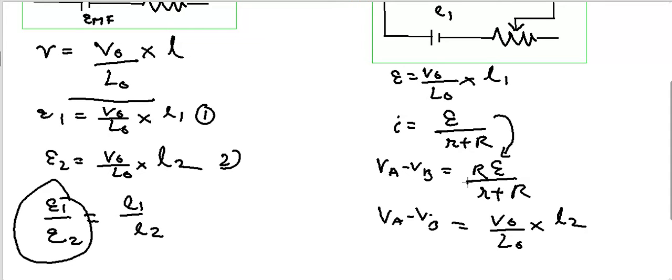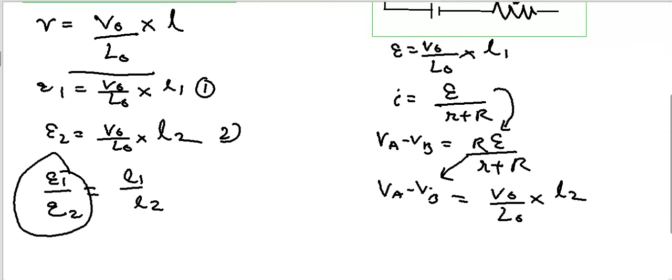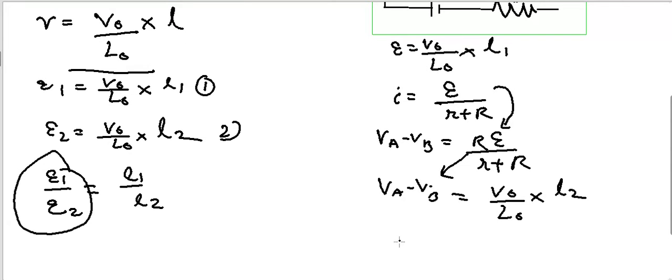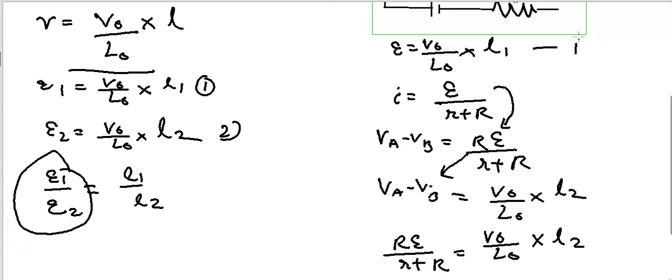So if I substitute this from here, what I will get is RE by R plus R is equal to V naught by L naught into L2. Now suppose the original equation was this, I write equation 1, and this equation I write as equation 2.